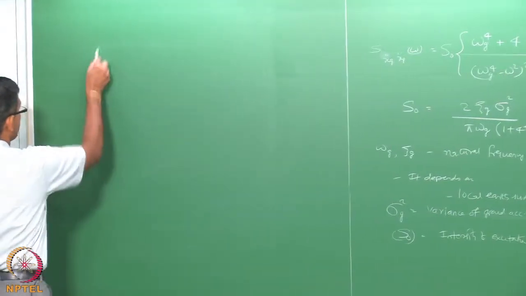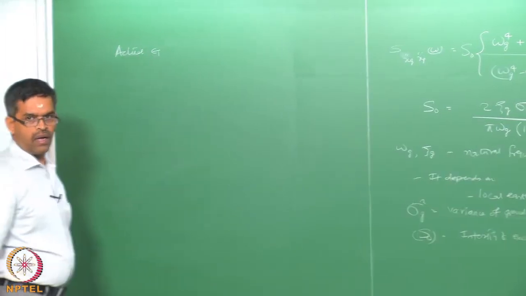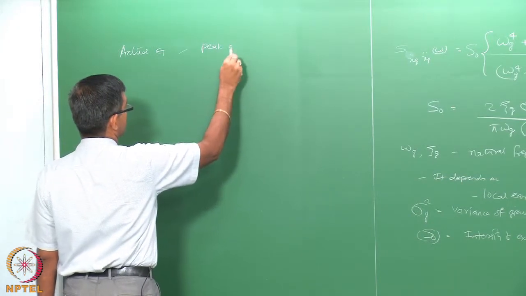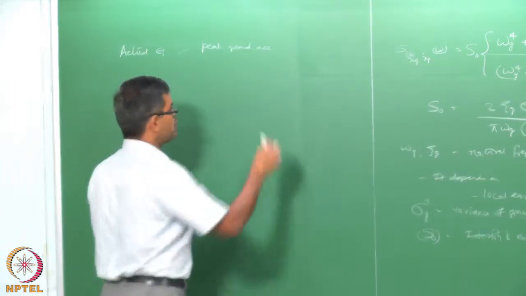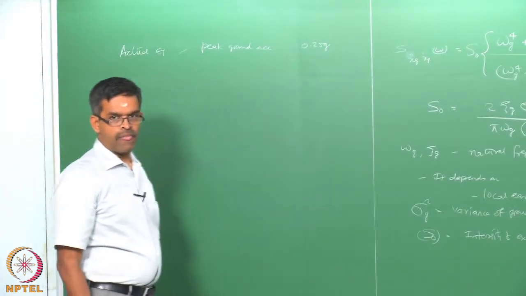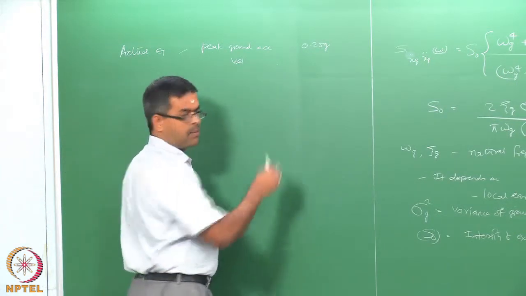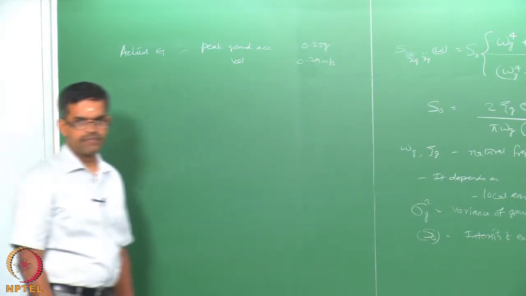The actual earthquake had a peak ground acceleration of 0.25 g and velocity of 0.29 meter per second.